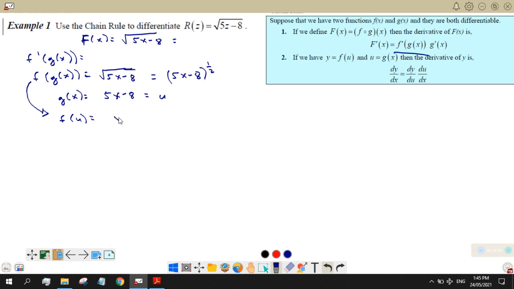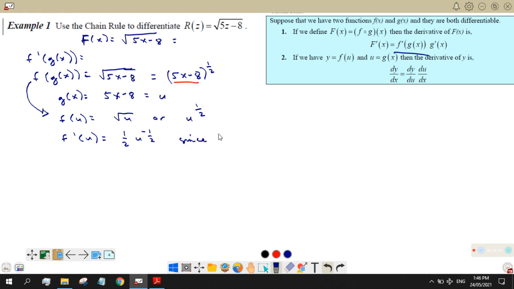So, si f of u ay square root of u, palitan natin to ng u. We have u raised to the power of 1/2. Kunin natin ang derivative ni u. Ang derivative ni u is 1/2 u raised to the negative 1/2.